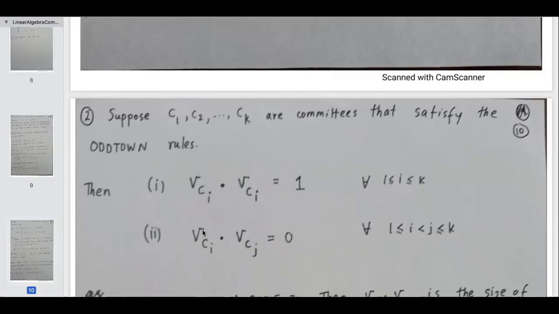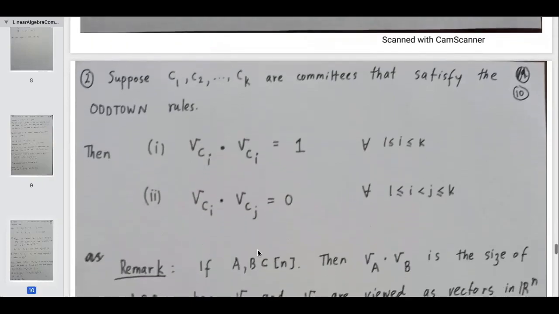So the condition that two different sets intersect in an even number of elements is the second condition, and the condition that each set has an odd number of elements is the first condition. So we have converted these two conditions stated in English to a condition about the dot products between the vectors.